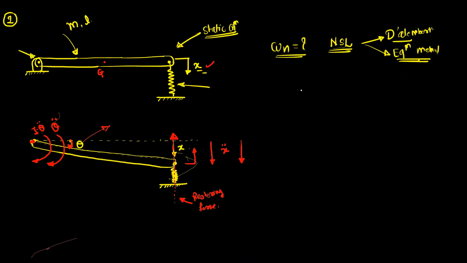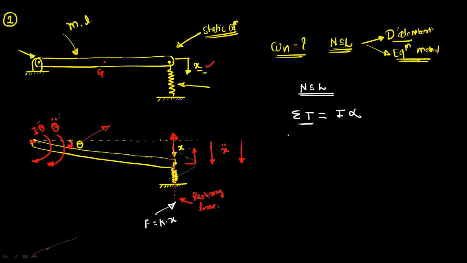Now write the equation for Newton's second law. For a rotational system, the summation of torque is equal to I into alpha. This summation of torque is the restoring torque. There is only one restoring torque, offered by the spring. We have to find the spring force. The equation is F is equal to K into x. Torque means we need to take the moment of this force vector about the point of rotation.